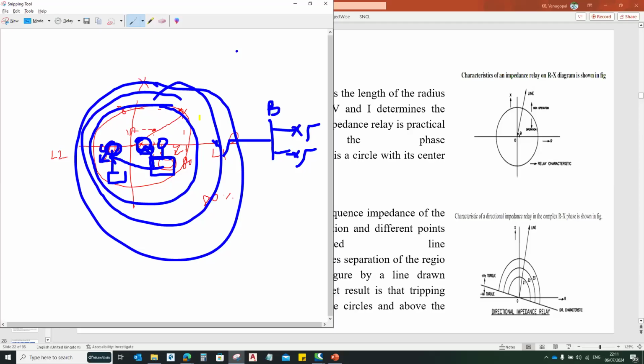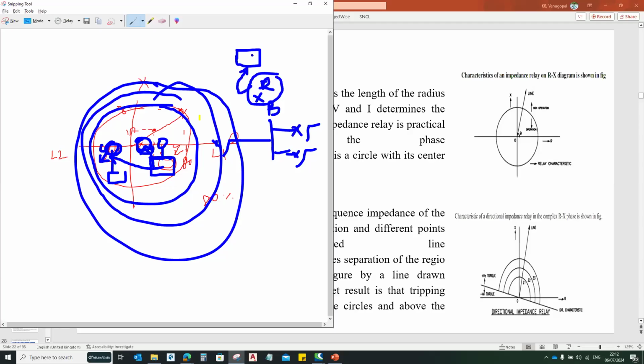See, the relay manufacturer, whether it be ABB or any other, will collect the inputs, like the R values of the transmission line as well as the X values of the transmission line. Based on that, they give inputs to this relay.